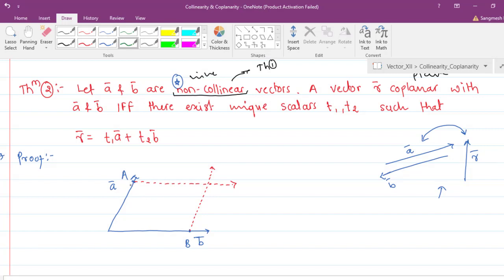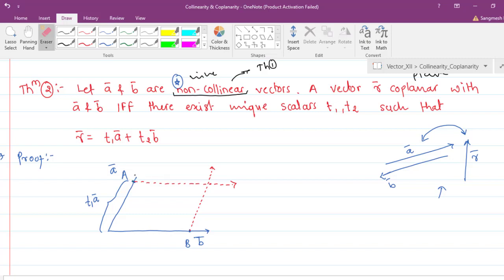This is a bar. So this much part I can write as t1 a bar. Which part? See, this is my a bar total. Okay, so this much part I can write as t1 a bar. Why? Because see here, where is our a point?